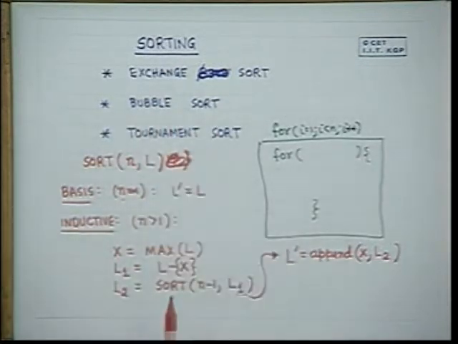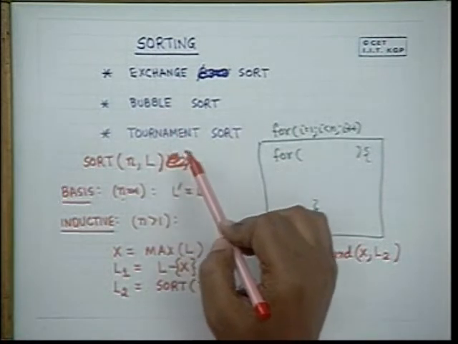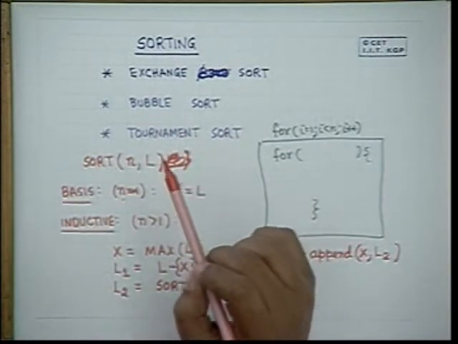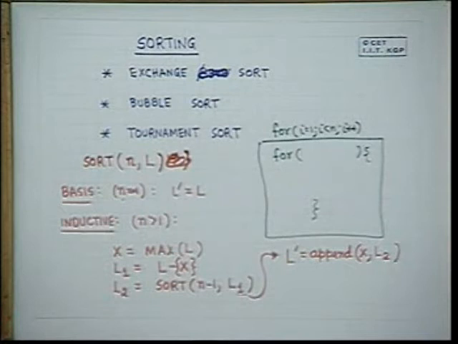Same in bubble sort. And in tournament sort, you are extracting the maximum one after another, which is another way of looking at this program. So this one is a sequence of max extractions. So all the three programs are based on a very, very similar basic decomposition idea.